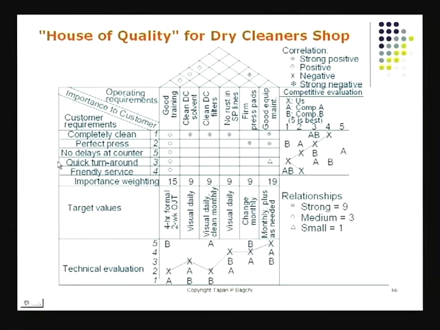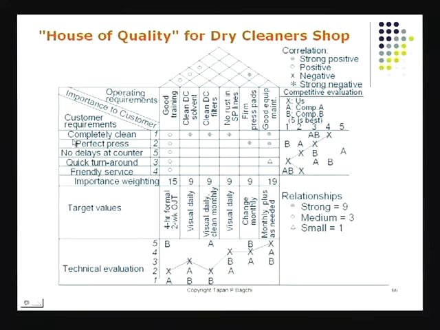On the left hand wall, I've written down customer requirements. And this would be found by a focus group study or in some place where you can get these customers to come together and provide you an input. So what are those inputs? It turns out that customers would like to see their clothing perfectly clean, completely clean. They'd like the press of the clothing to be perfect.